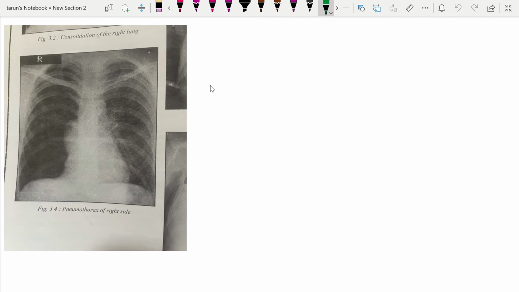So to describe this X-ray, you will say it reveals increased translucency on the right side of the chest with absent bronchovascular markings, and a sharply defined homogeneous opacity seen just lateral to the right cardiac border, which indicates the collapsed right lung.